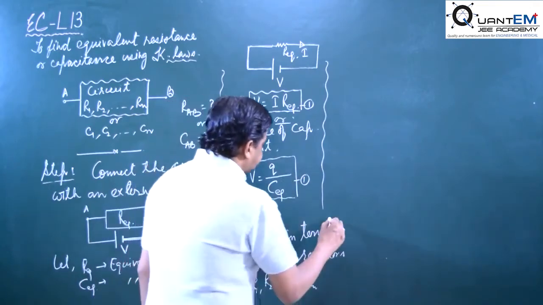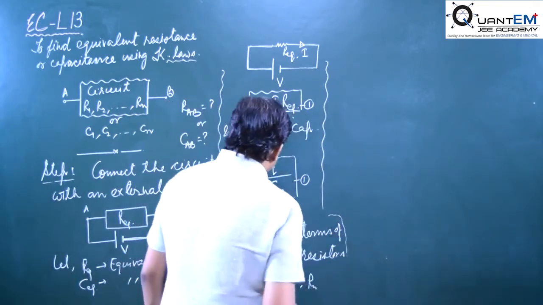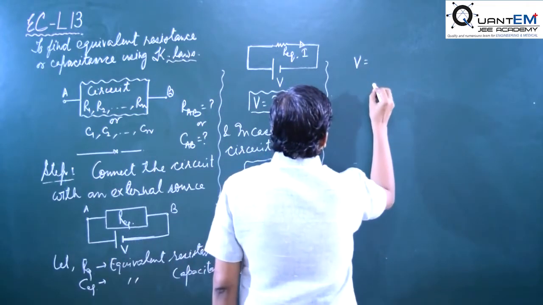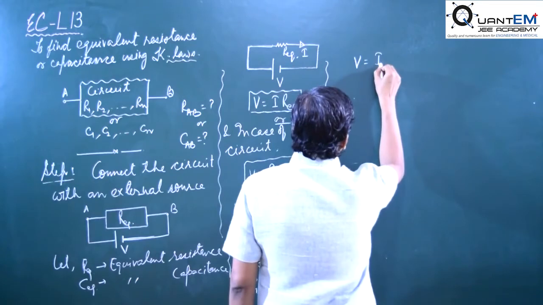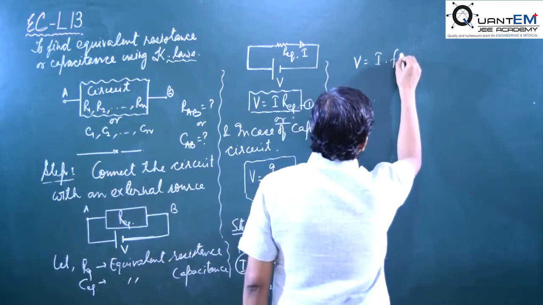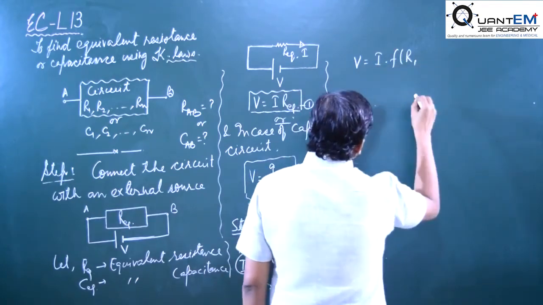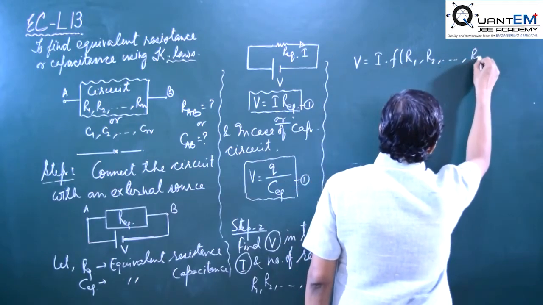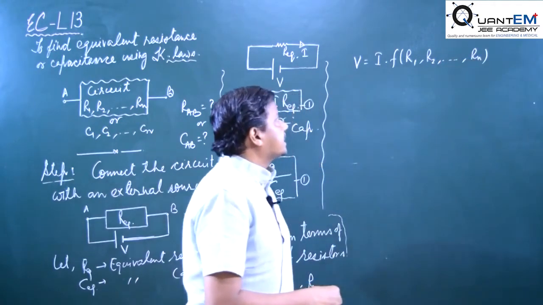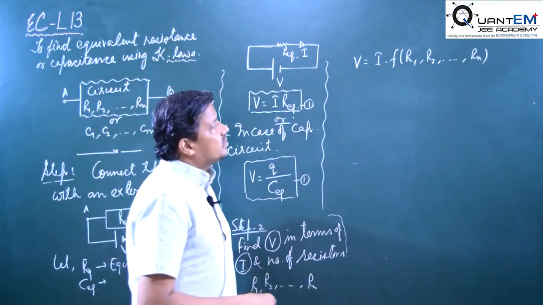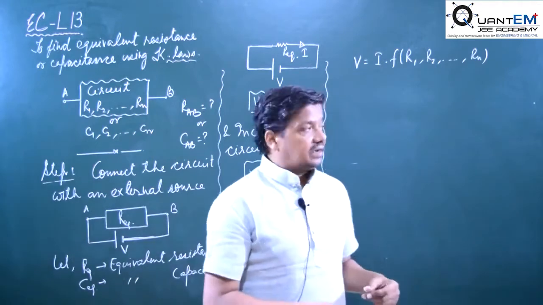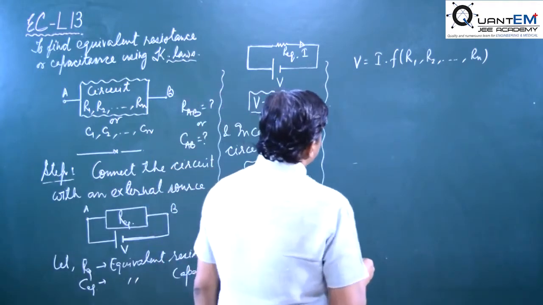It is the second step. We get V is equal to I into a function of the number of resistors we have, that is R1, R2 and so on up to Rn. And in case of a capacitor circuit, it will be Q into a function of C1, C2 and so on up to Cn. This one is equation 2.